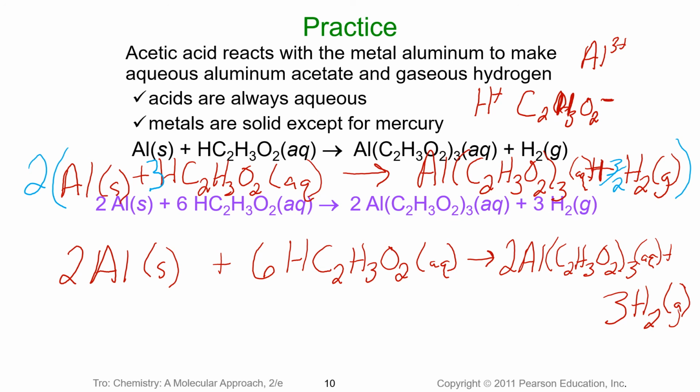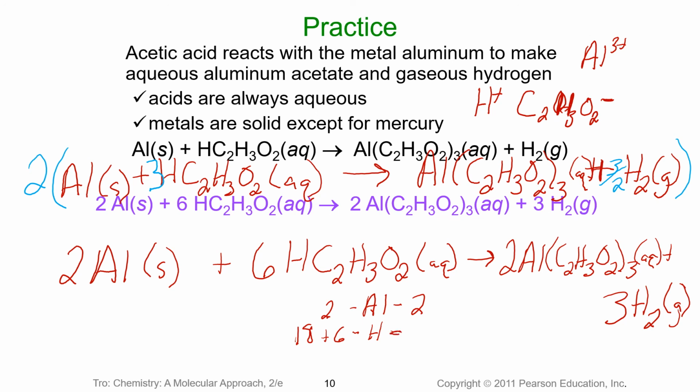You can check to make sure this balances by counting all our elements. So our aluminum, there are 2 on the left, 2 on the right. Our hydrogen, we have 6 from the hydrogen in the front of our acetic acid, and 6 times 3, which is 18, from the acetate.